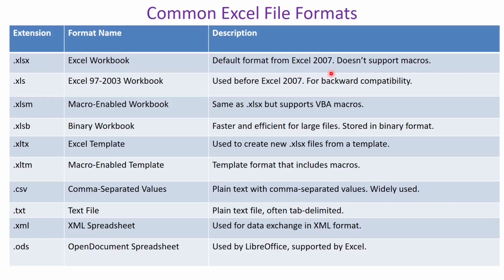It is widely used but does not support macros. And next is .xls, that is Excel 97-2003 workbook. It is an older format used before 2007, still supported for backward compatibility.